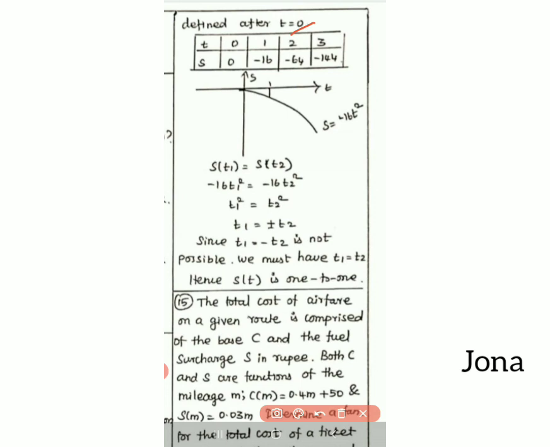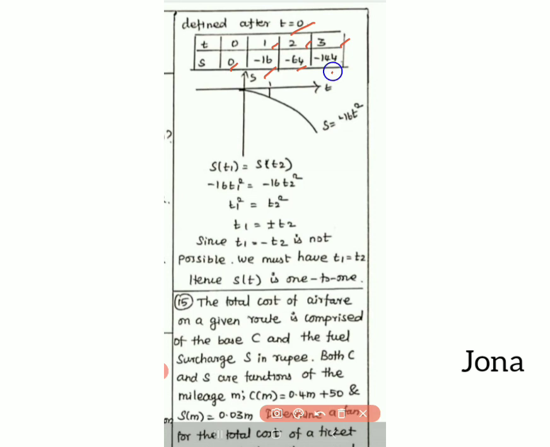So if t equal to 0, t equal to 1, t equal to 2, t equal to 3, we want to find the value of s here. s of t is given already, s of t equal to minus 16t square, isn't it? In that we want to substitute the value of t here. If it is 0, s is also 0. If it is 1, the value of s is minus 16. If it is 2, the value of s is minus 64.